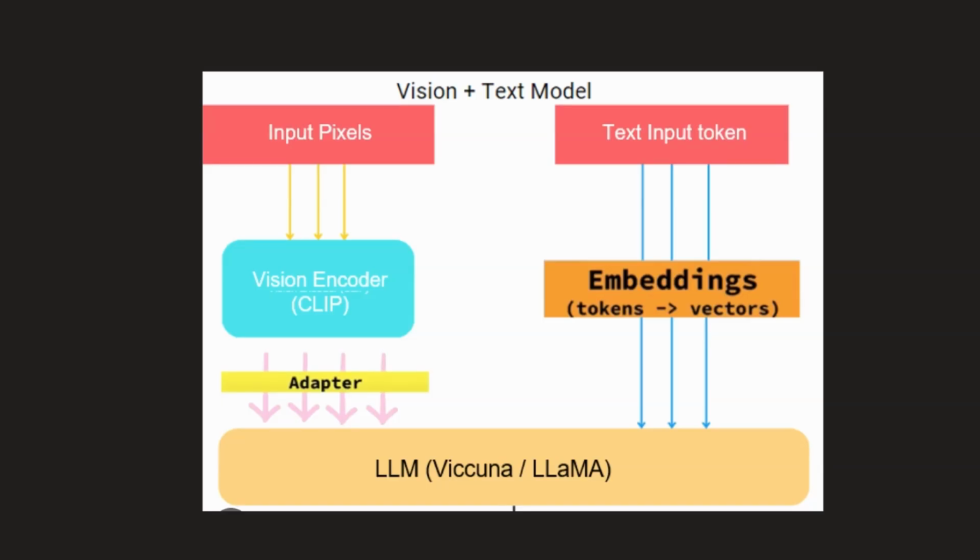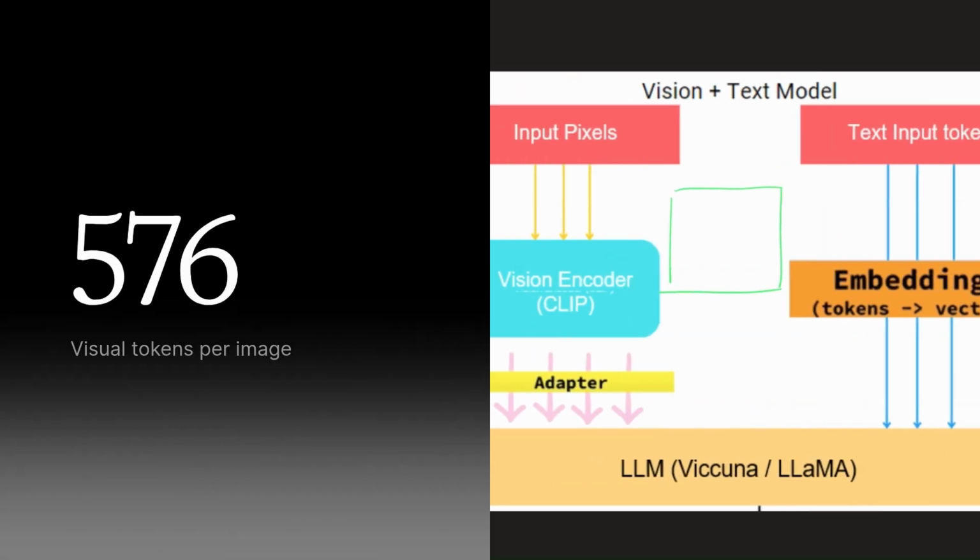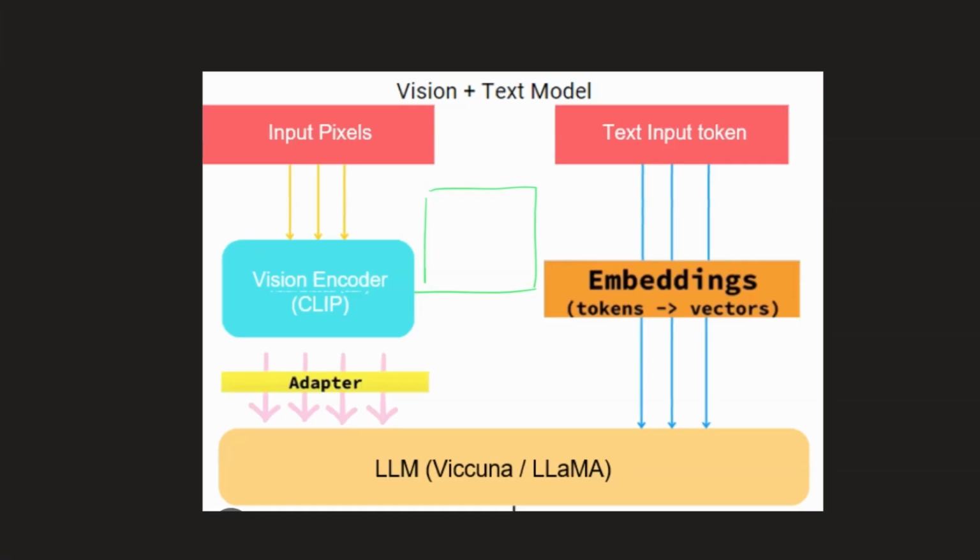In the standard LLaVA architecture, a single image is typically represented by about 576 visual tokens. If you consider a 336 by 336 image, and you split that into a 24 by 24 grid of patches, you will have 24 by 24 equals 576.